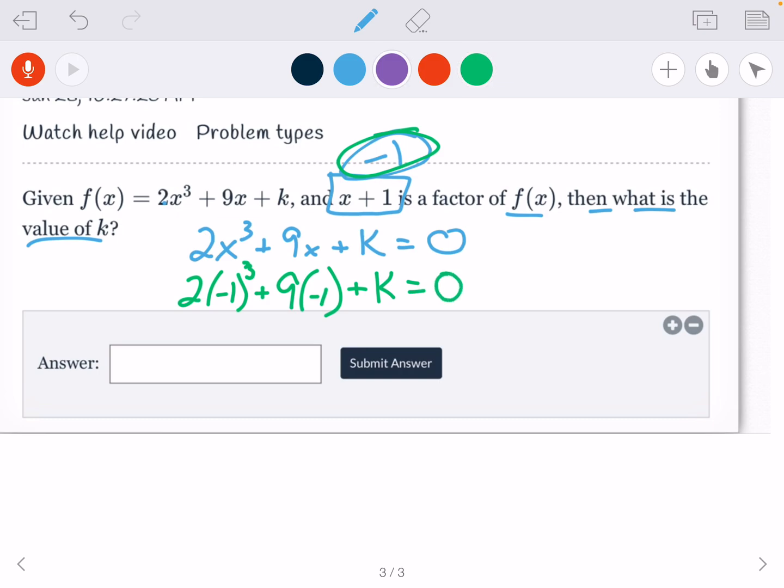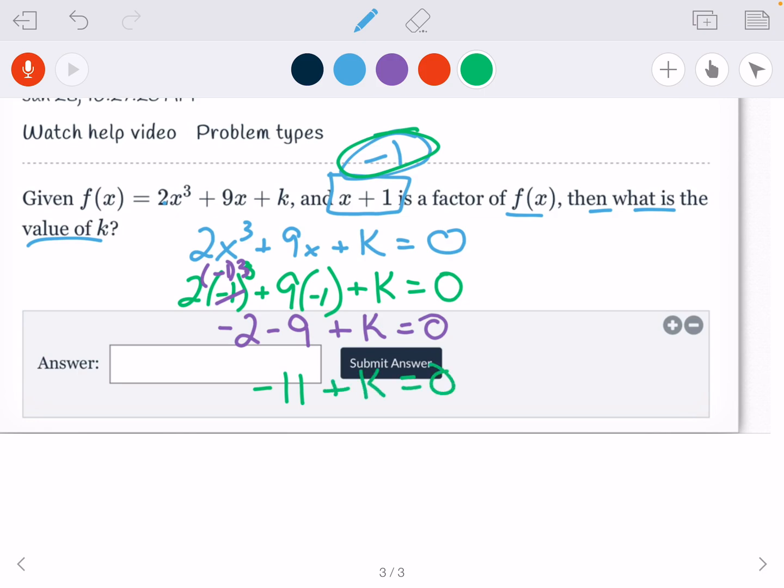Negative 1 times negative 1 times negative 1 is negative 1. Negative 1 times 2 is negative 2. You could put that in Desmos if you want to. I'm just going to do the math here. 9 times a negative 1 is minus 9, plus k equals 0. Negative 2 minus 9 is negative 11, plus k equals 0.